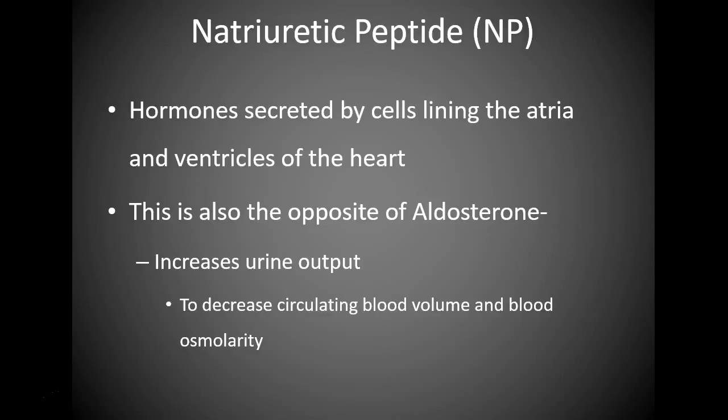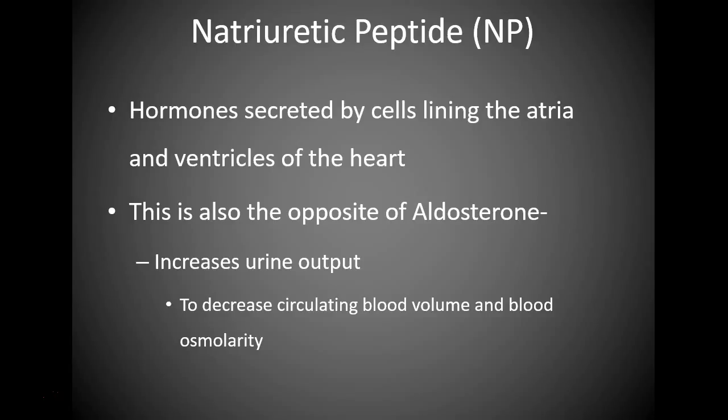With natriuretic peptide, which is NP, hormones are secreted by the cells lining the atria and ventricles of the heart. This works the same way as aldosterone does, but opposite, and I'll explain why. If you're having fluid overload and your heart has to continuously pump out more volume, it's going to eventually get tired.